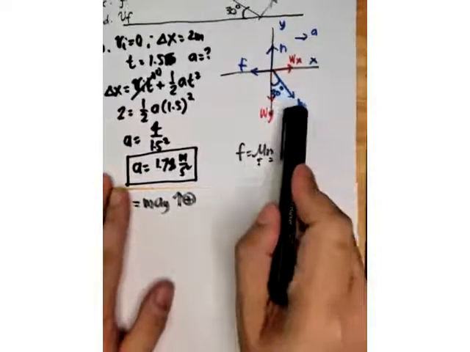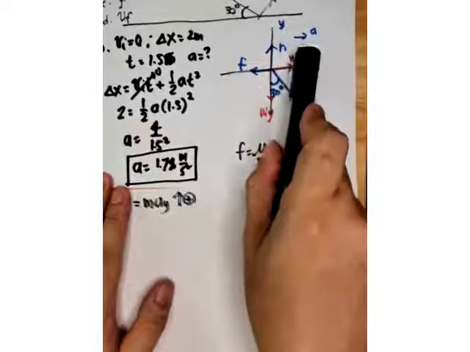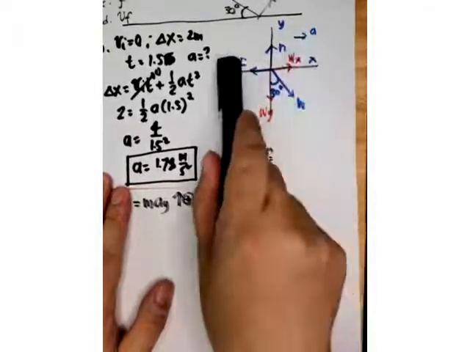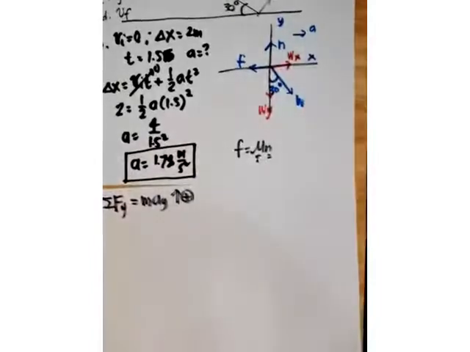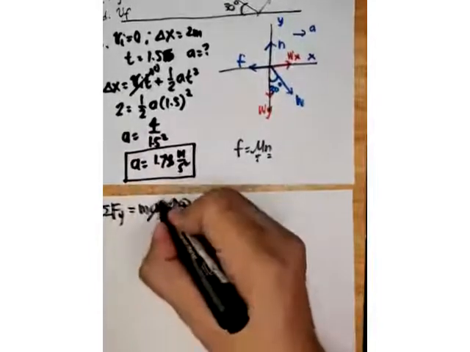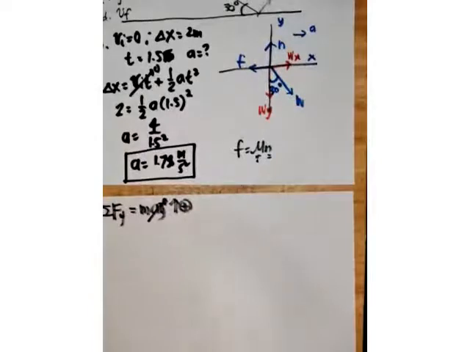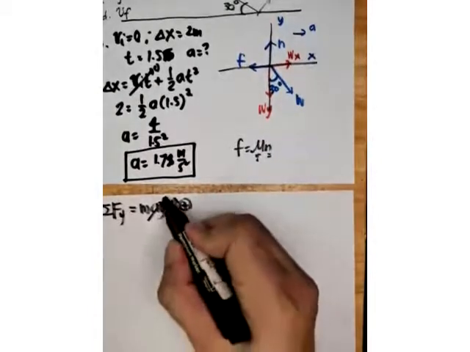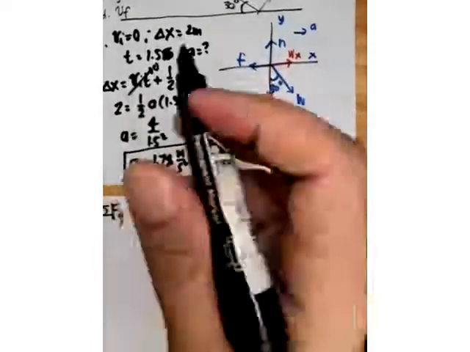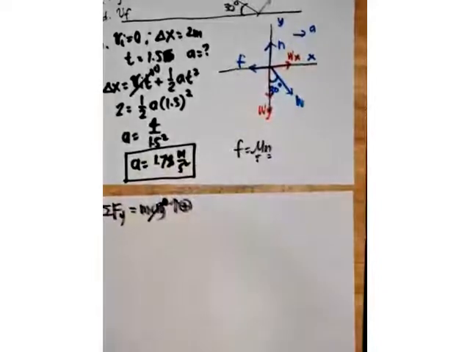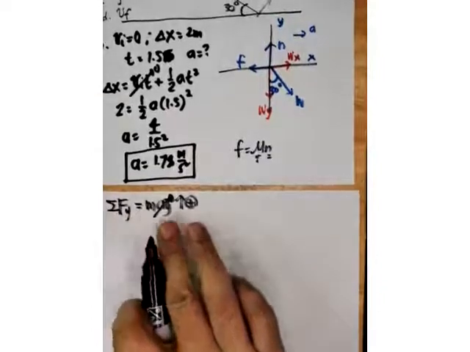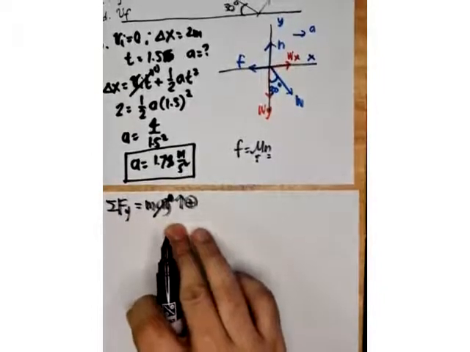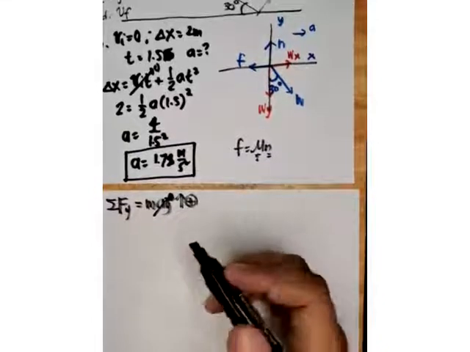That's why it's very important to note the direction of the acceleration. Where does the object accelerate? It only accelerates along X, so acceleration along Y is not existing, it is 0. It's not accelerating along Y. Therefore, the summation of forces along Y is equal to 0, because there is no acceleration along Y.